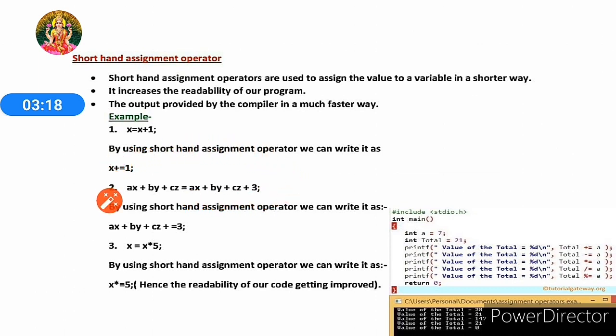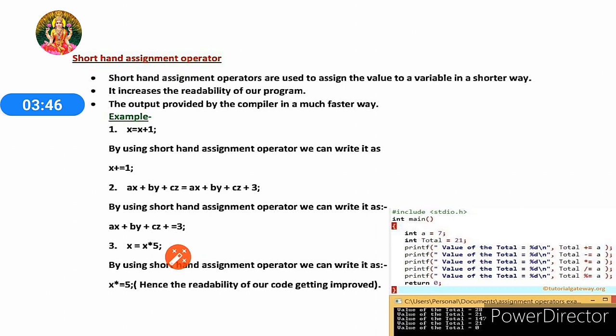Writing this will waste your time. So by using the shorthand assignment operator, we can assign it in this way, such as ax plus by plus cz plus equal to 3. So it saves our time and the program is also compiled in a much faster way.